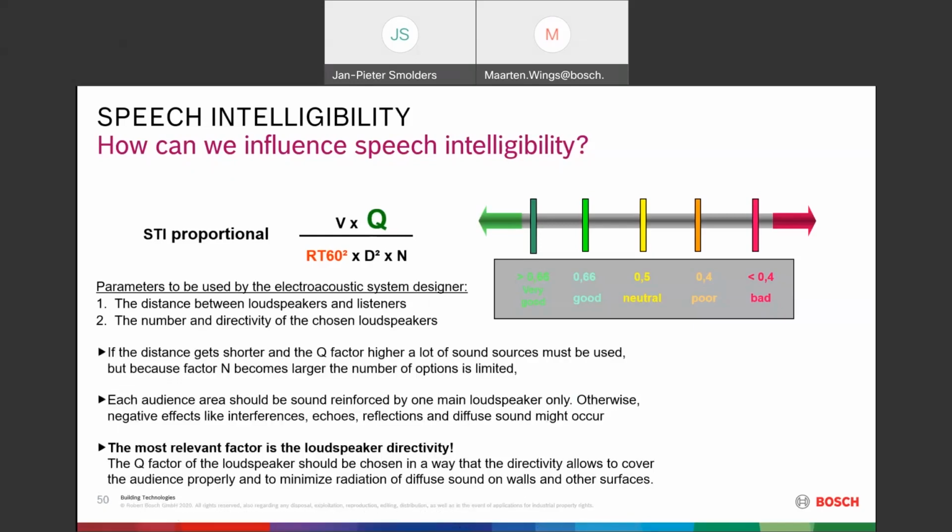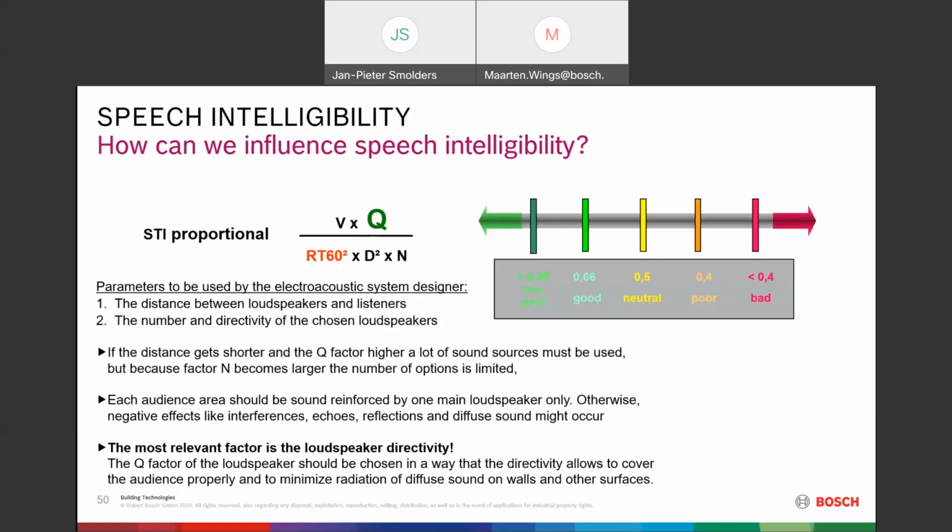Okay, for the design of a sound system, what you have to keep in mind, again, is the distance between loudspeakers and listeners, and the sound pressure level has to be good. So you have to know what the performance of a loudspeaker is, how much sound pressure it can deliver, and at what distance from the listening plane it has to be installed.